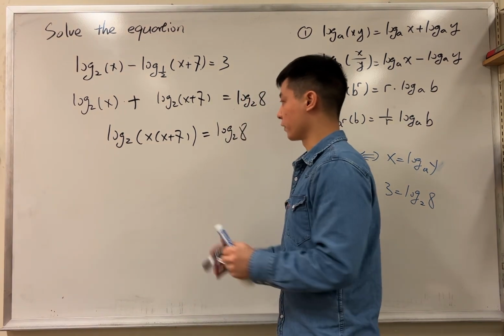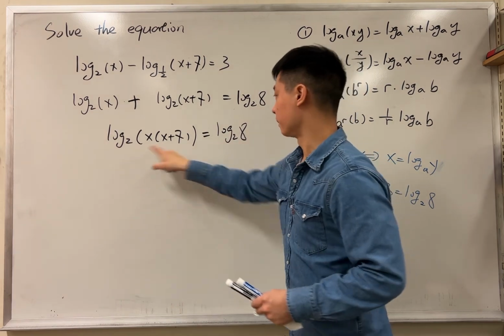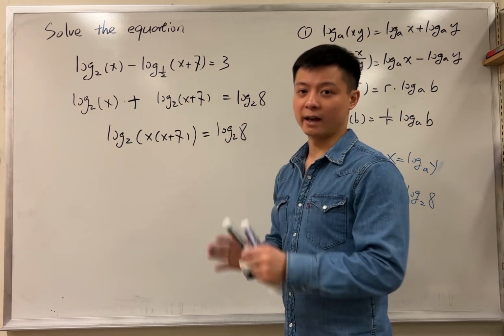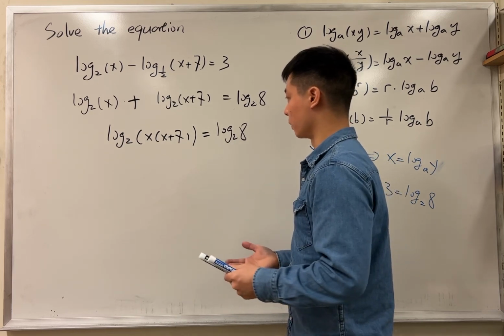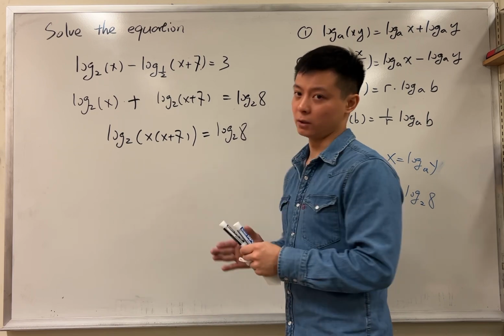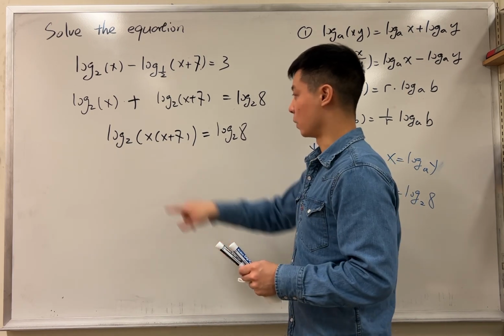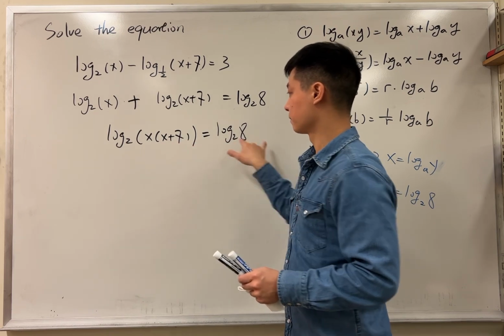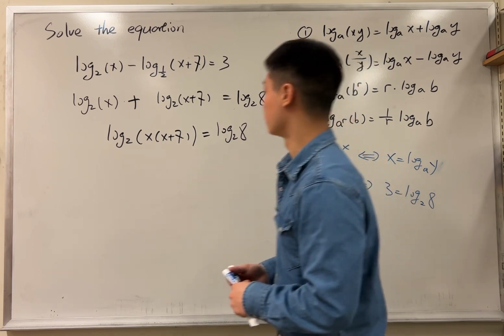So we have both the left-hand side and the right-hand side expressed in the same form with the same base. So we can say that their arguments must be the same. The reason why we can do so is because all the logarithmic functions are 1 to 1, which means when we have the outputs to be equal, we must have the inputs also to be equal.